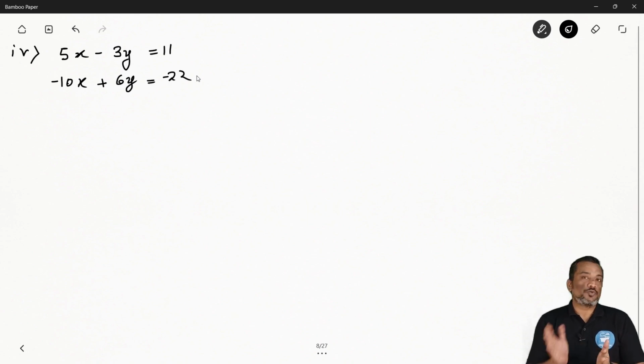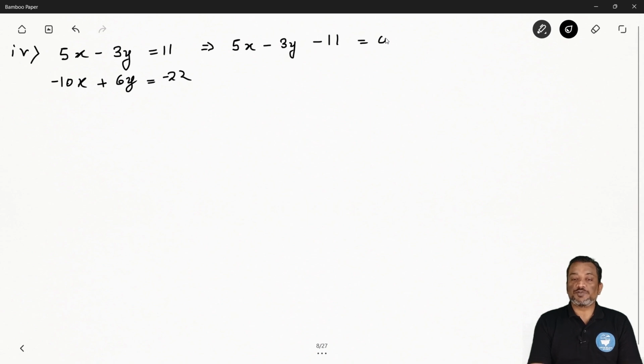Hope you have clear. So first what we have to bring, both the equations we have to bring into a standard form equation. Okay, so first we will say this one is 5x minus 3y minus 11, because 11 will transpose from the right side to left side.